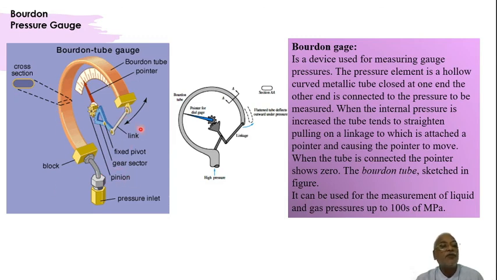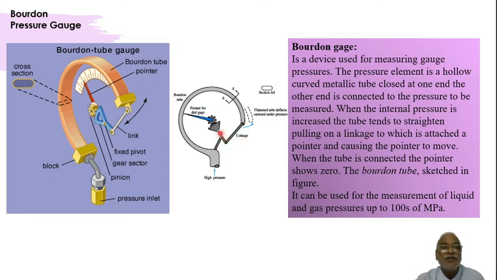The same thing, if you want to draw in your notebook, this is how you can draw. This is the pressure point, this is the Bourdon tube. This gets enlarged when the pressure is let in. The section of this tube is something like that, it is shown here also. Now this is a link, the important part of the device.